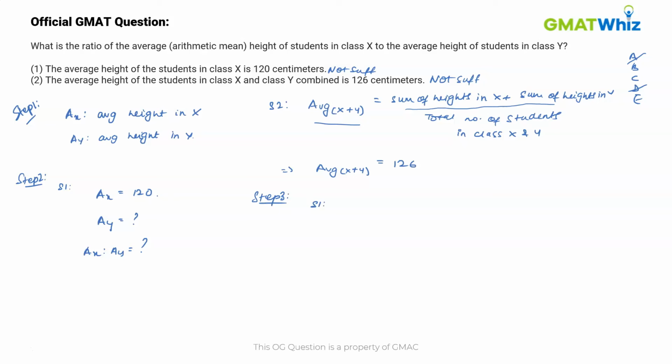According to statement 1, we have the average height of students in class X as 120.